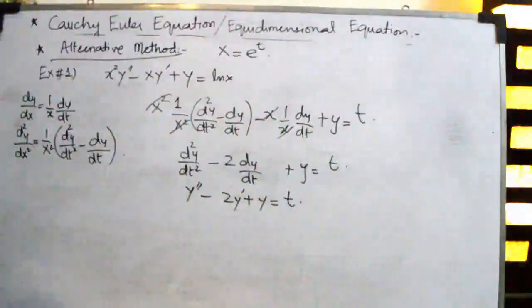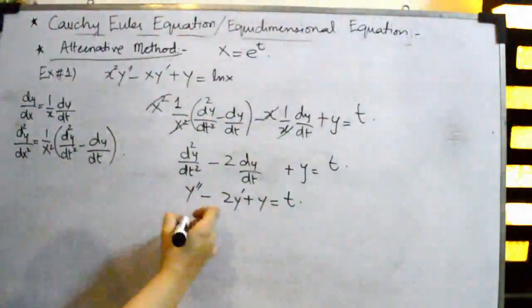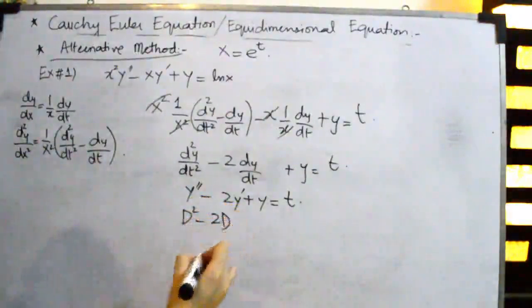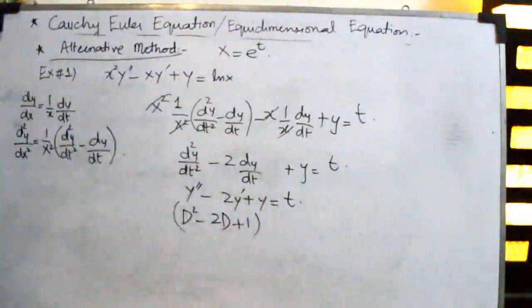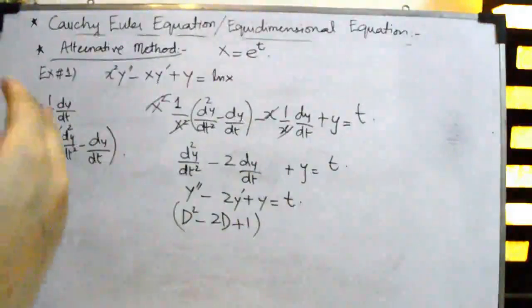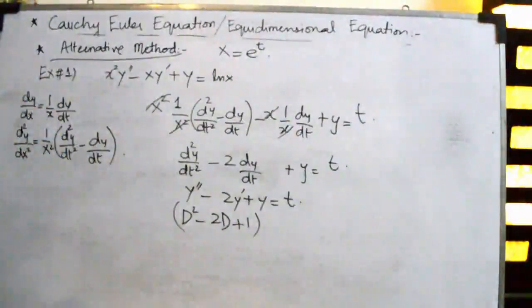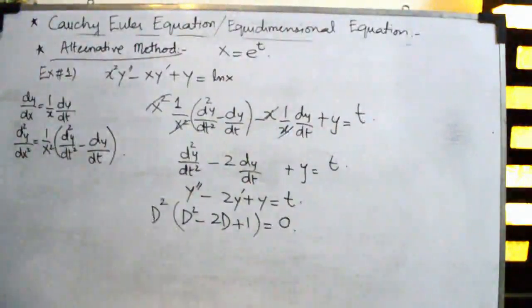You can also construct an annihilator operator out of this. The annihilator operator is D square minus 2D plus 1, and for the right side you have to go one step up, so that annihilator operator is D square equals 0. You can also use the undetermined coefficients method to solve it, but I feel that the annihilator operator is more feasible for me.